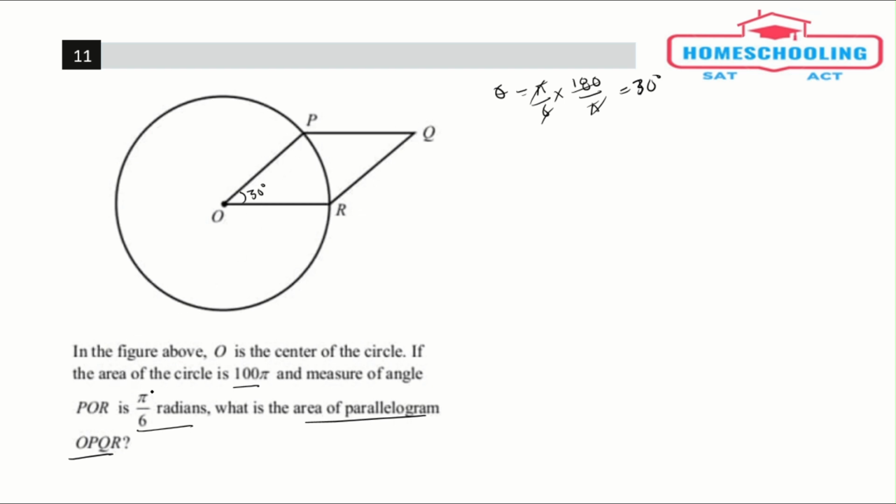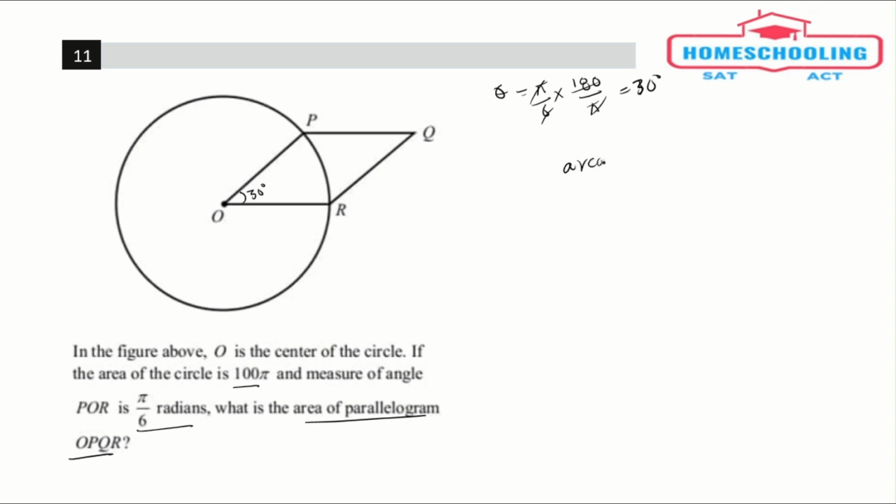One piece of information given here is that the area of the circle is 100 pi. From the area of the circle we can find the value of the radius OP or OR.